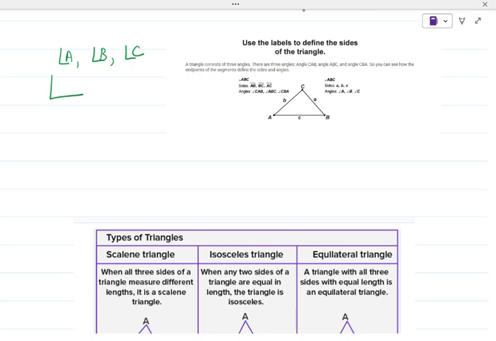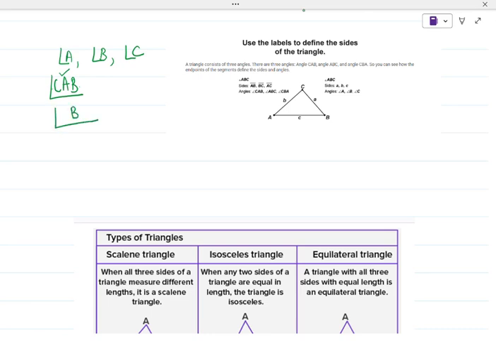But we also name it like CAB. We can think of it as the Prime Minister being in the middle and his bodyguards being C and B. C and B are the bodyguards of angle A. Now, who is the Prime Minister now?